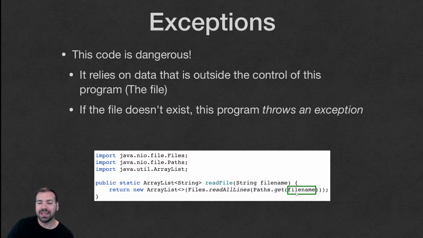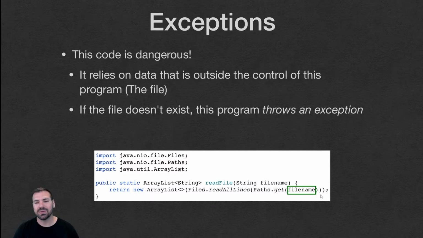The problem is that this call right here can throw an exception. So what happens if we call this method with a string that we think represents a file, but that file doesn't exist? That's where the danger really comes in. There's actually no possible way that we can call Paths.get and then readAllLines in a way that we can guarantee that that file does exist.